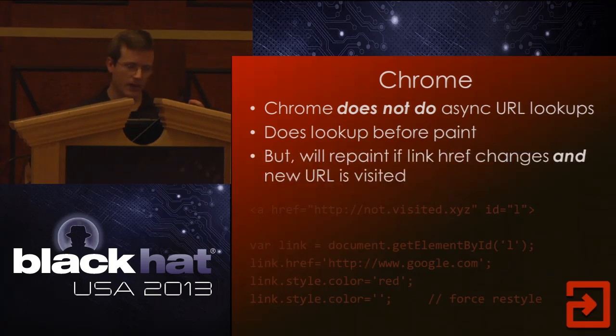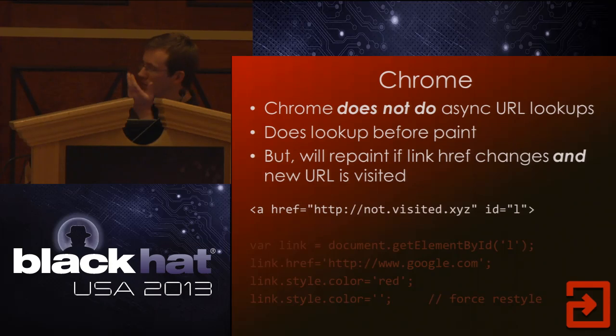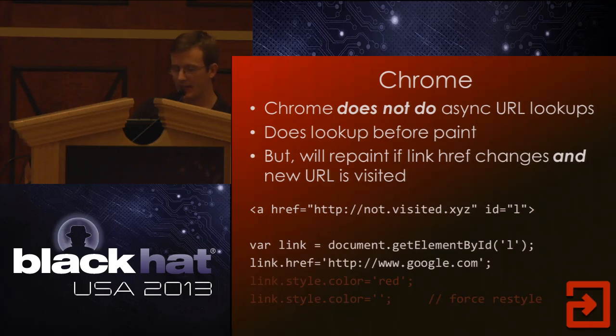Well, a slightly different way of doing things is putting a link on the screen that we know isn't visited. Then we change the target of the link, the href, to a different URL. And if that new URL is visited, then Chrome will repaint the link. So here's what we do. We have a link that's not visited. We get a reference to the link.